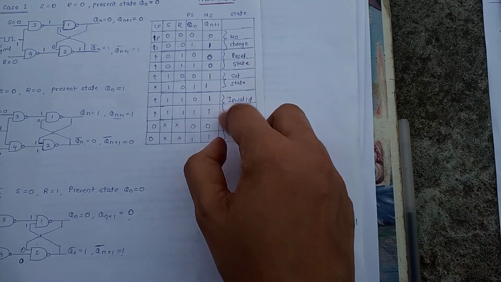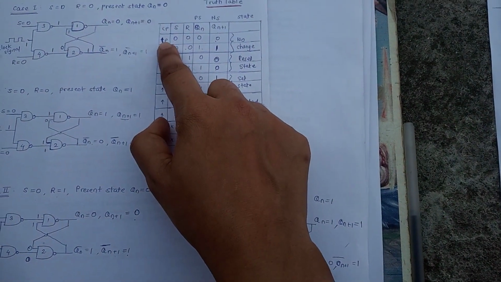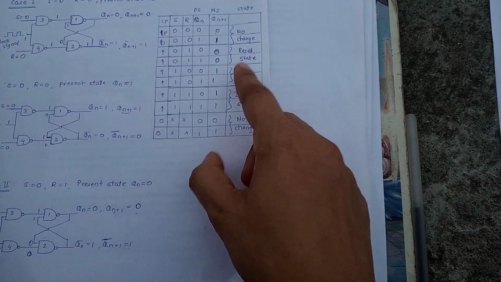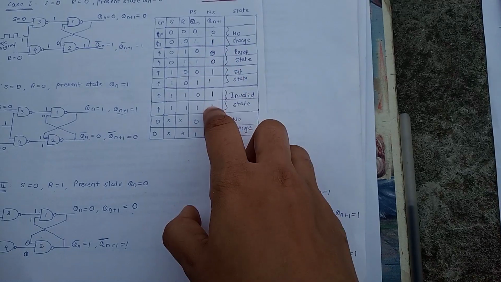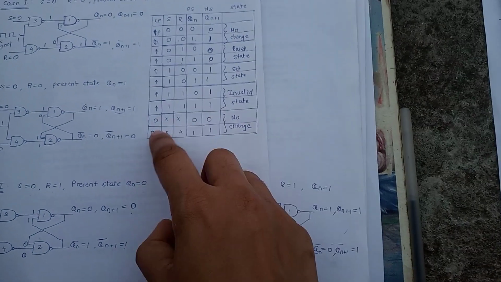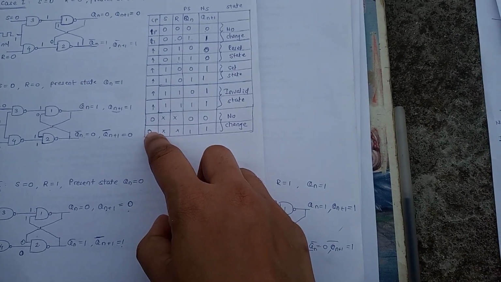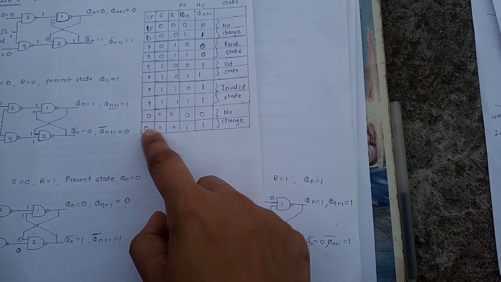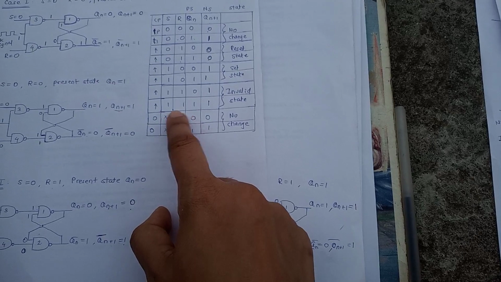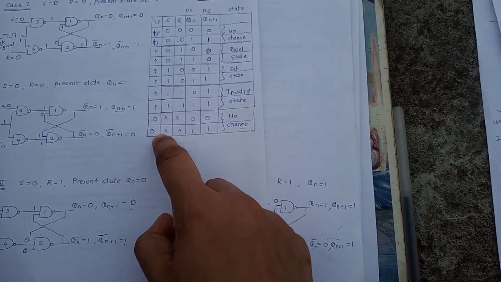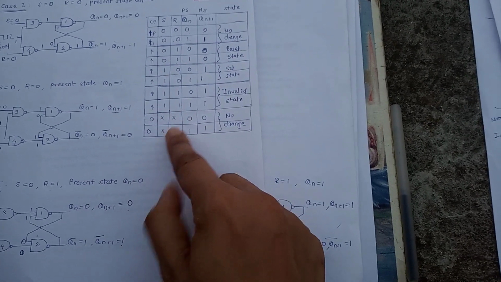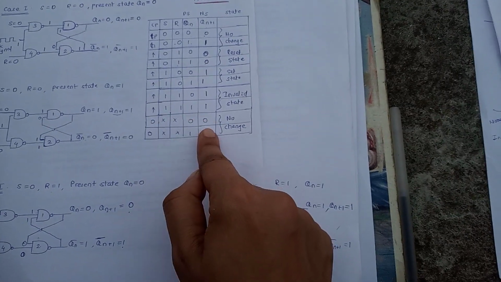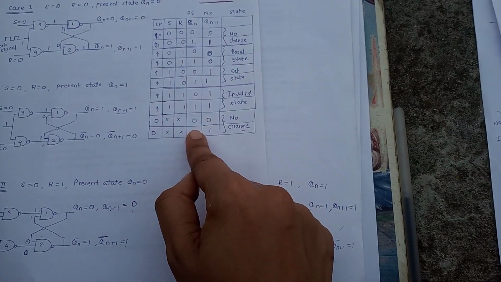Now these 8 conditions are when clock pulse is applied. When clock pulse is applied, the flip-flop updates its output. When clock pulse is 0, which means clock pulse is not applied, for any case of S and R, the next state is the same as the present state.